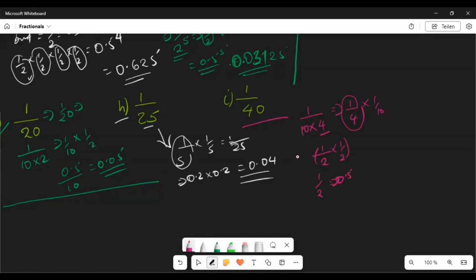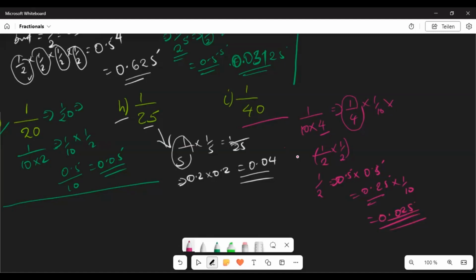So if you want to find out what is 1 over 4, you multiply 0.5 by 0.5, and that's going to give us 0.25. And then you multiply that by 1 over 10, which will give us 0.005. We basically divide by 10.